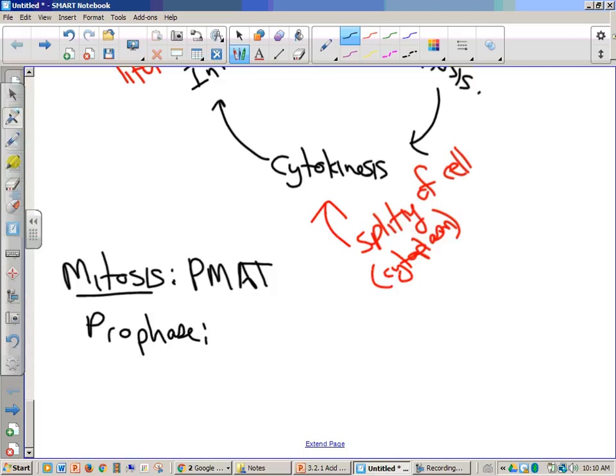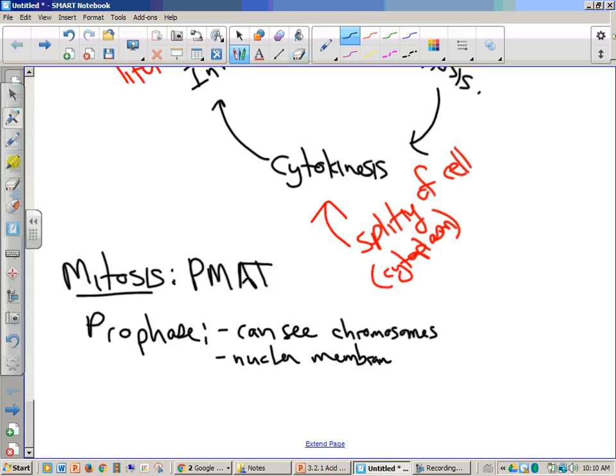All right? And in prophase, we can see the chromosomes. So the DNA curls up and we can see the chromosomes. And the nuclear membrane disappears. The nucleus starts to disintegrate. You can just see the chromosomes themselves, right?